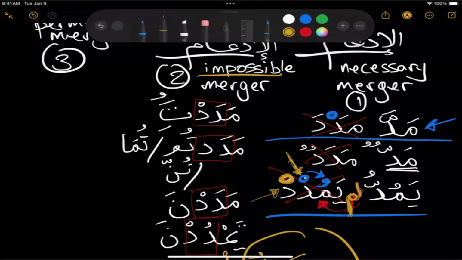So we must restore its harakah here, or else put a different harakah on the dal. If we restore the harakah of the first dal, then we're going to break these dals apart. We're going to say lam yamdud.